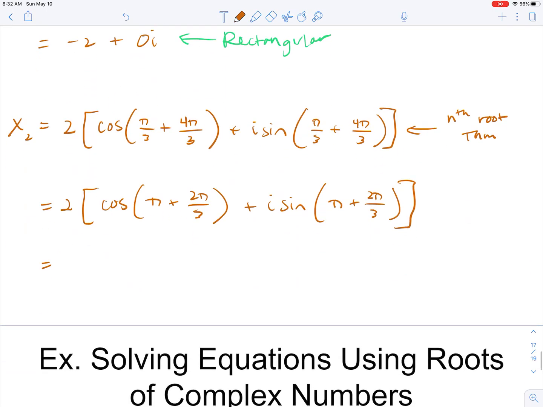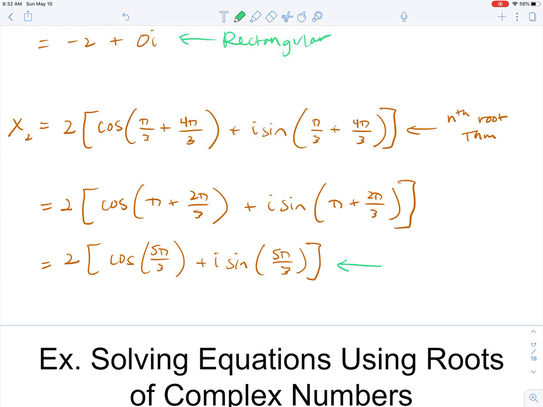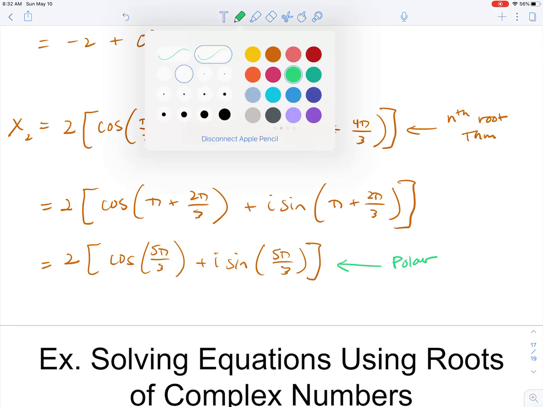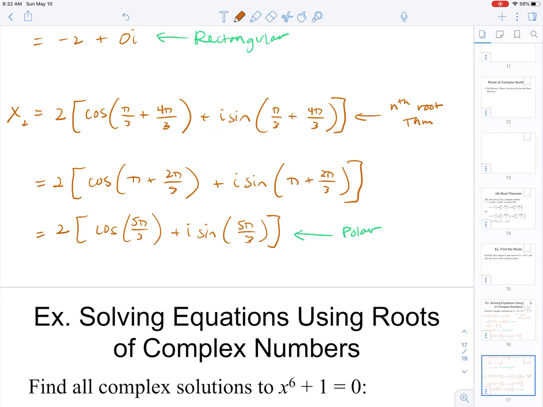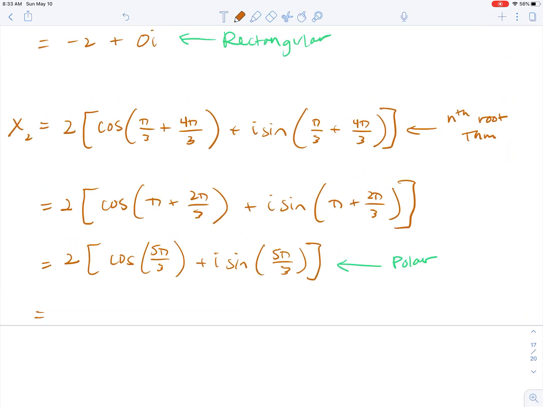So adding 2 pi over 3, pi plus 2 pi over 3 is going to be 5 pi over 3. So this would be the third and final solution to the equation in polar form.